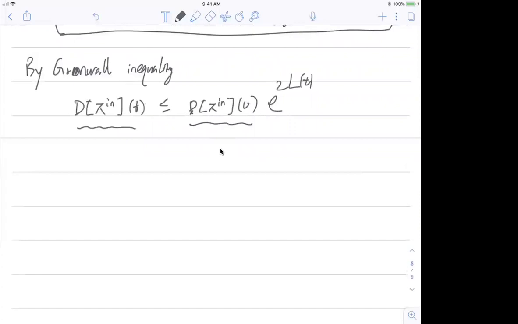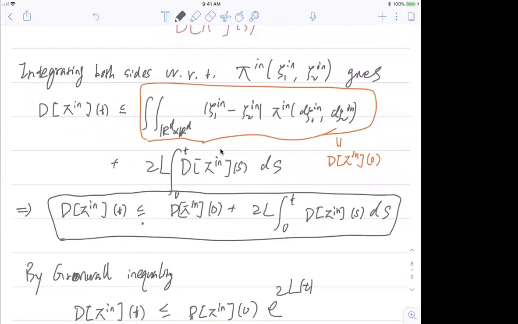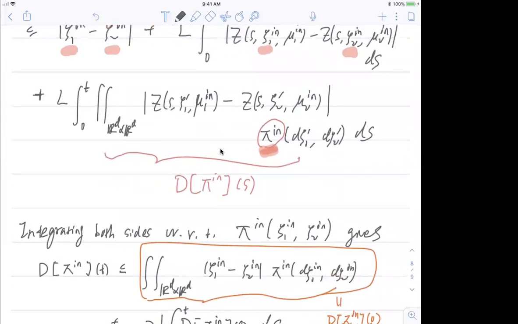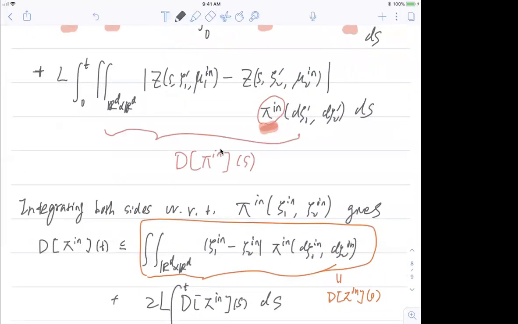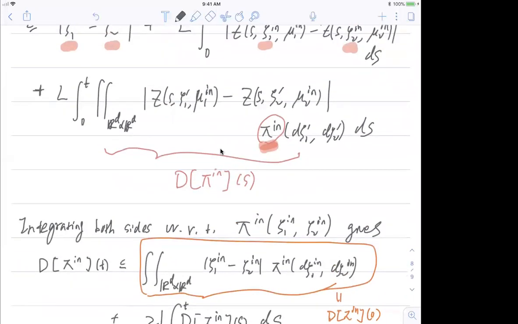Now we are almost done, but we need one step to recover the W1 distance, the one Wasserstein distance, from the quantity we define here. The quantity we define here is actually almost there. This quantity is kind of a control of the one Wasserstein distance.